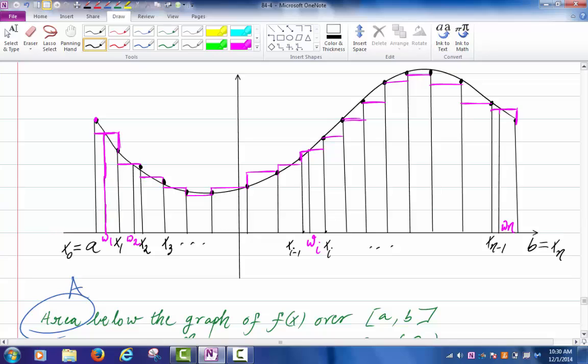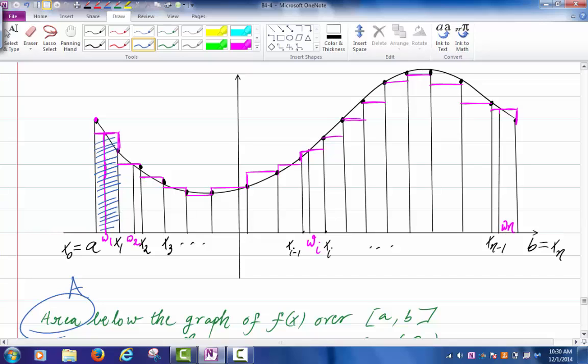So when you multiply them, what do you get? You get the area of the rectangle with height f of W1 and width equal to the length of the first subinterval, right? You agree with that? The first summand represents the area of the highlighted rectangle.